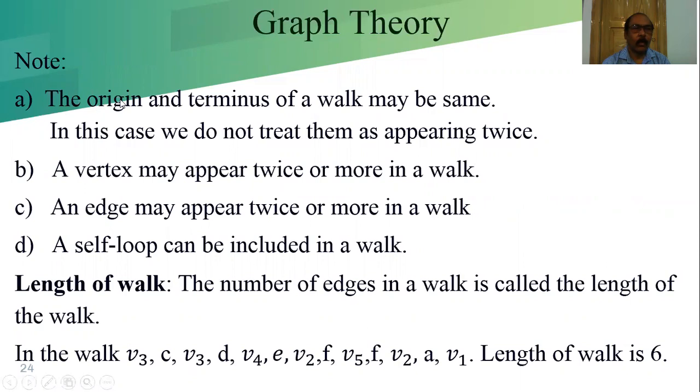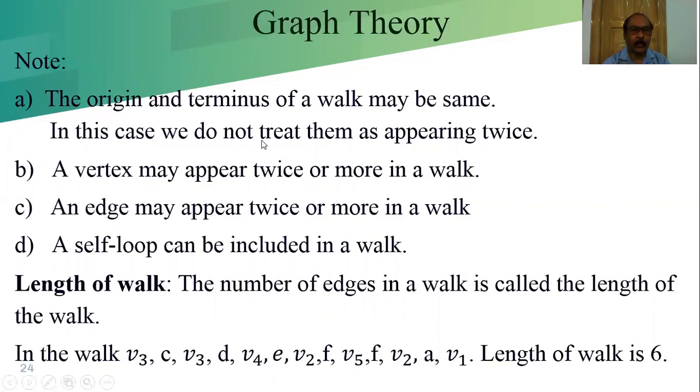Note, the origin and terminus of a walk may be the same. If we complete the walk and come back to the same vertex, then the two end vertices of the walk are the same.